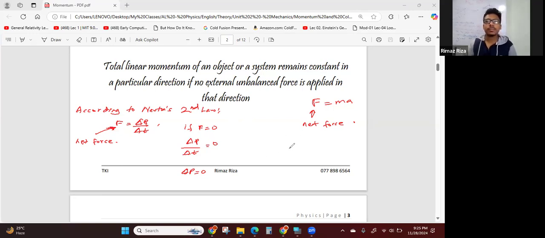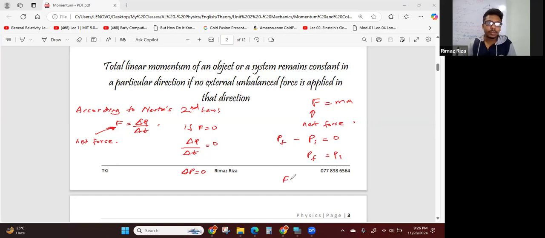Change in momentum, how do we find it for anything? If you want to find a change, for example, a change in velocity, we take the final velocity minus initial velocity. Likewise, for change in momentum, we write final momentum Pf minus Pi equals 0. So you take this to the other side, Pf equals Pi.